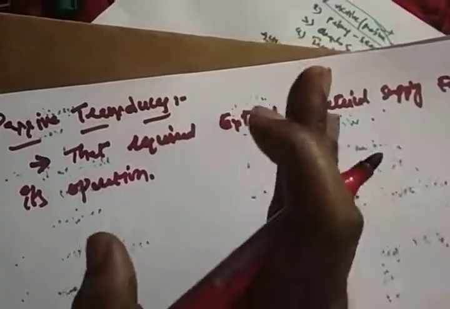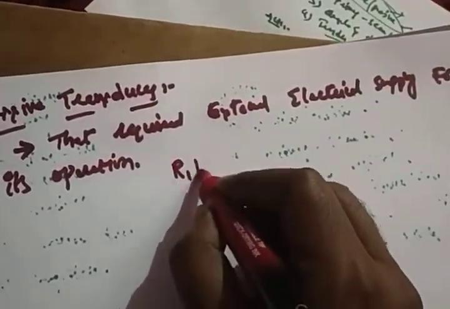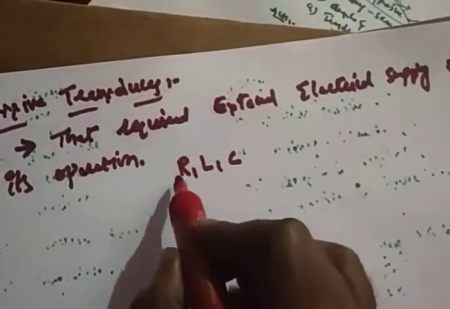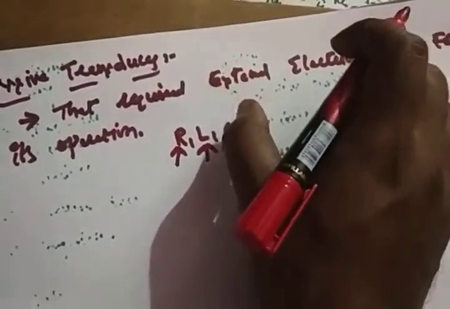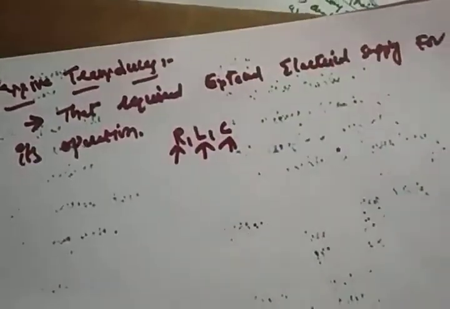But actually, a passive transducer means that you find your non-electrical quantity by changing the physical components of the system. What are the physical components of the system? There will be passive components: R, L, C. By changing the physical components of the system, you convert your non-electrical quantity into an electrical quantity.